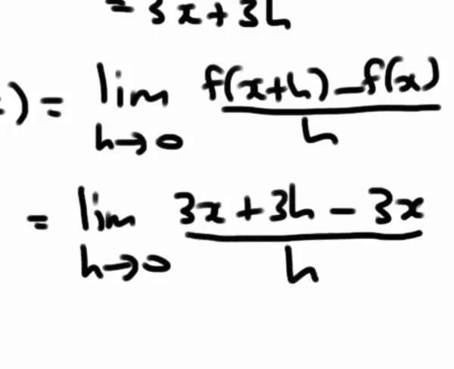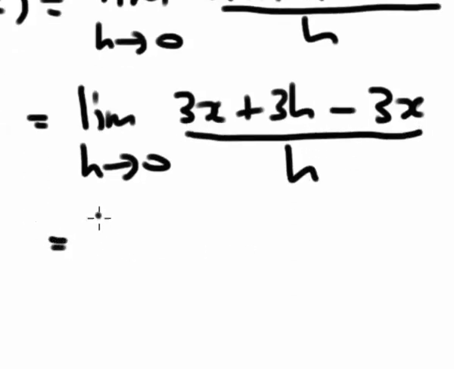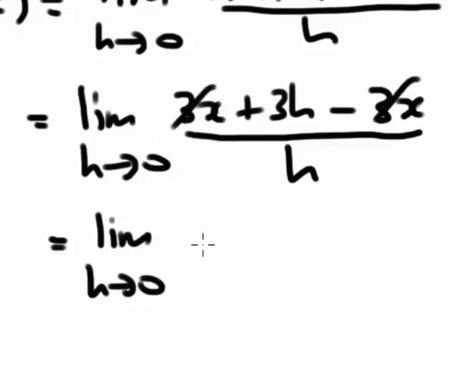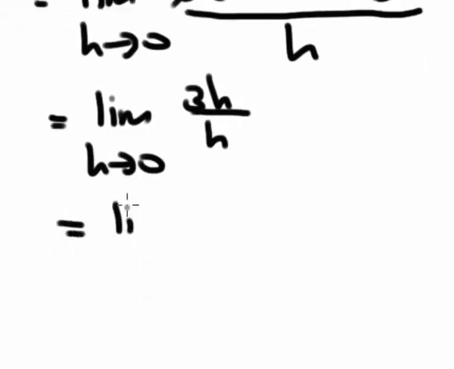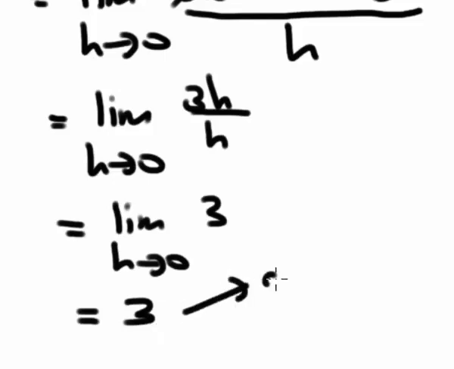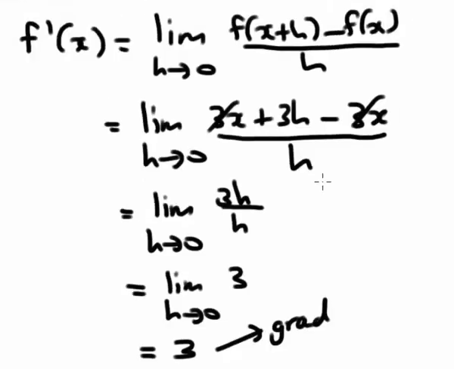Now watch this. This equals the limit as h approaches 0. The 3x's cancel, and you're left with 3h over h. And the h's cancel. Now look at this from limits. You're going to get that as 3. And this is 3. Now, isn't that interesting? That's the gradient of that line, 3. So first principles works as well.